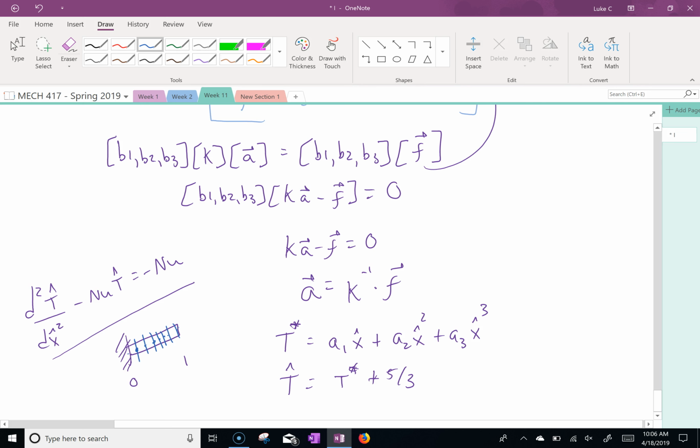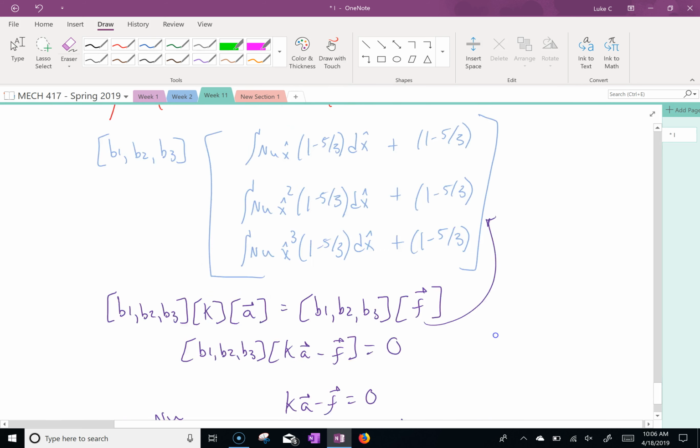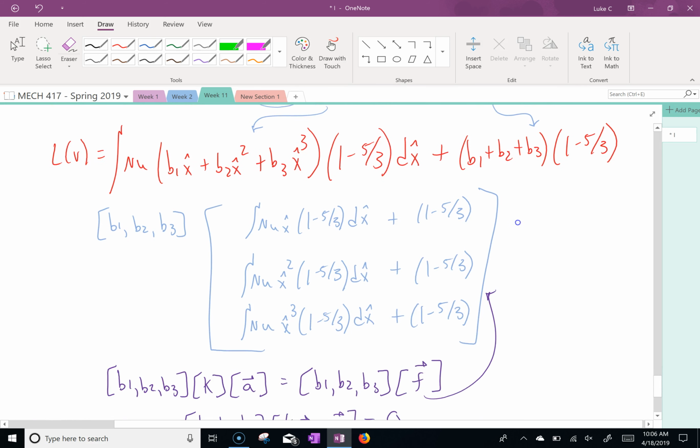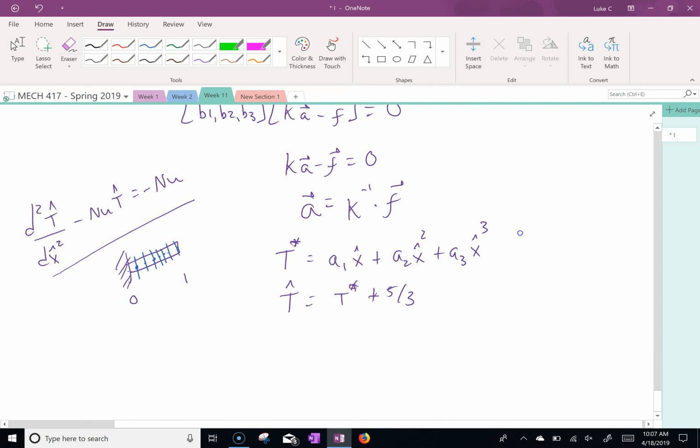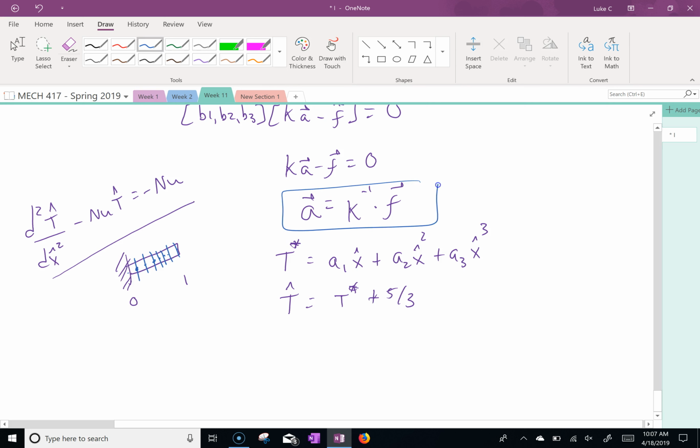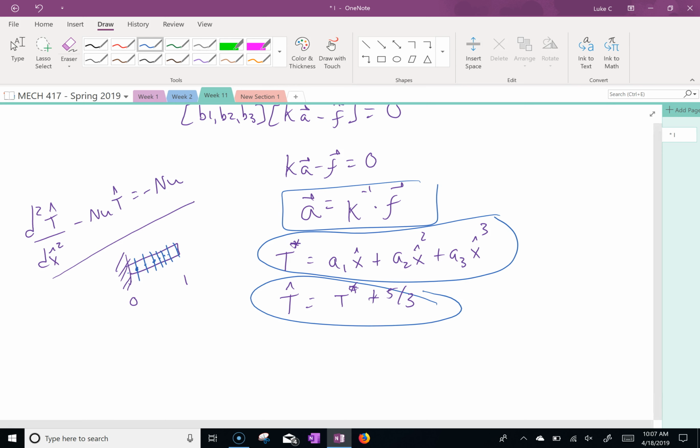Break those down, apply your boundary conditions, and then you do linear algebra to get basically these equations, that matrix, and this 3 by 3. Then you invert your K matrix multiplied by F to find your coefficients for this function. And then you can finally figure out what T hat is along those points. That's the basics of FEM right here.